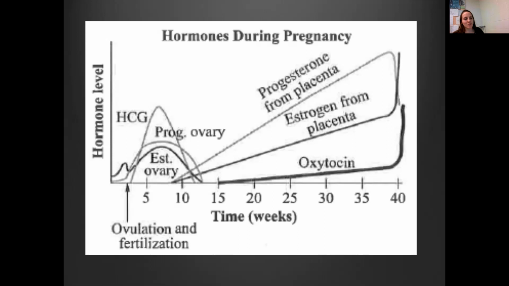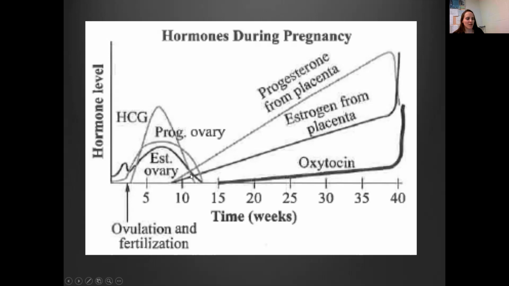Once the placenta forms at, again, about week 10, that is when the placenta is going to take over production of progesterone and estrogen and stop secreting the HCG. So the HCG level is going to drop off as we come up to week 10 here, which then, as the corpus luteum degenerates, is going to cause a drop off in the progesterone and estrogen.